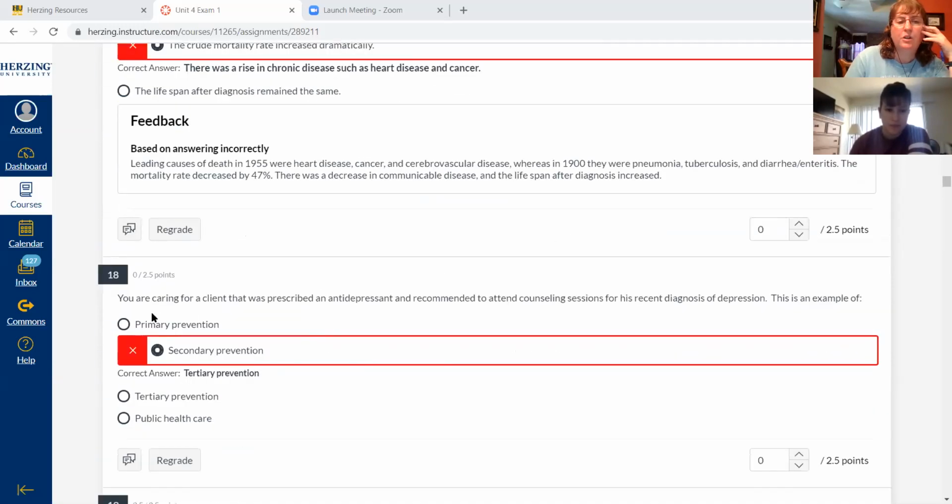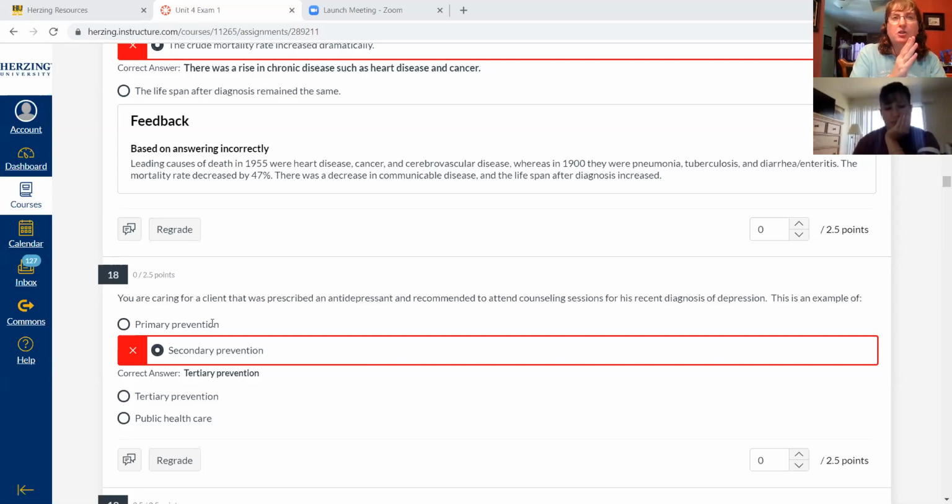Okay, so this one here, you're caring for a client who was prescribed an antidepressant and recommended to attend counseling sessions for his recent diagnosis of depression. This is an example of, when you're talking primary, secondary, tertiary, is it tertiary? Primary means you don't have any issue yet, but you're trying to prevent it from happening.